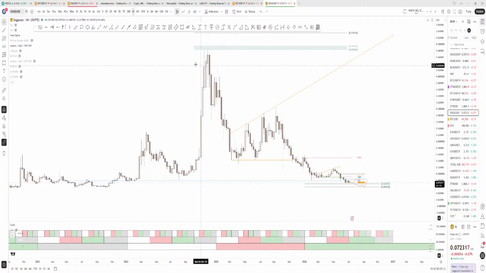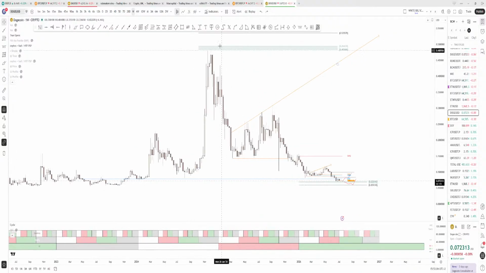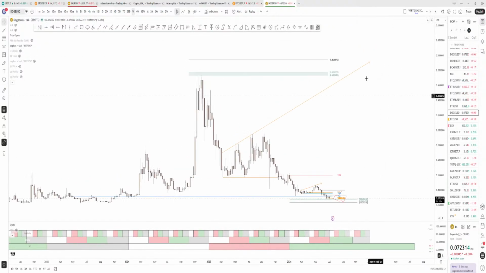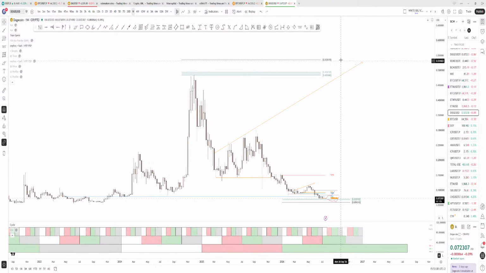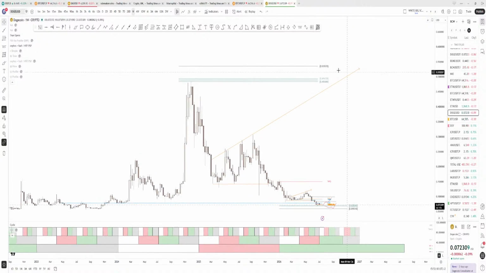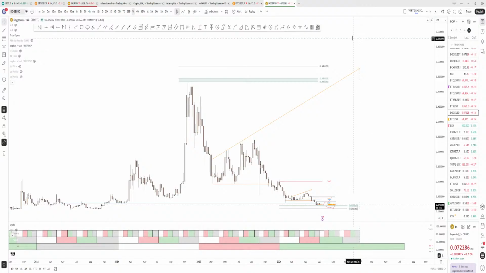See how there's like a small pause in here? That's why I put the fib here. And then it perfectly respected that level. So 0.53 would be the target right now, and if you're looking into this, it's going to be somewhere in 2027 likely.